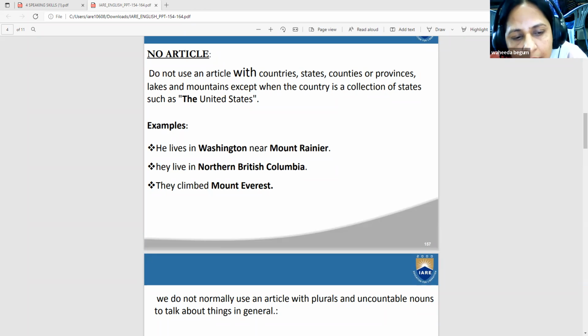Omission of an article: before names of substances, proper and abstract nouns, and uncountable nouns used in a general sense, like sugar is bad for your teeth. Neither a sugar nor the sugar, so there shouldn't be any article. Sugar is bad for your teeth. Gold is a precious metal. Delhi is the capital of India. Wisdom is the gift of heaven.